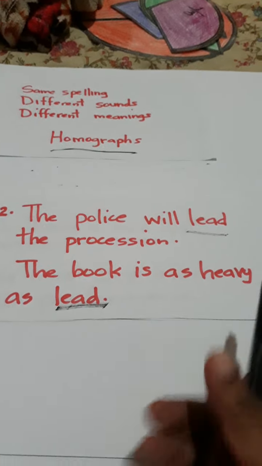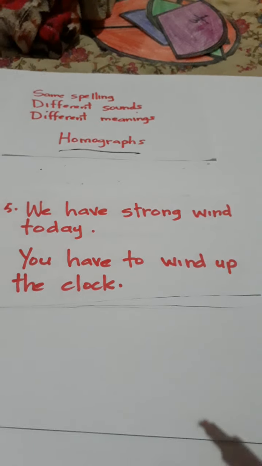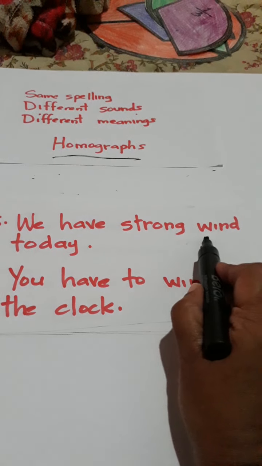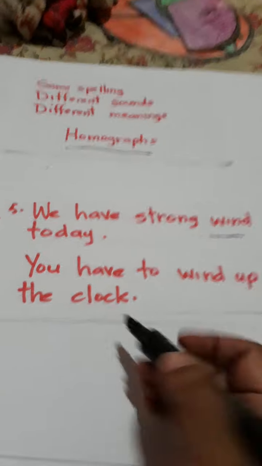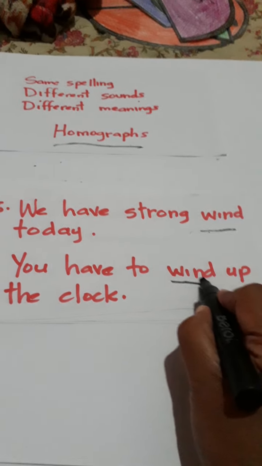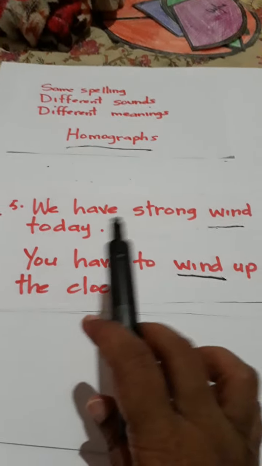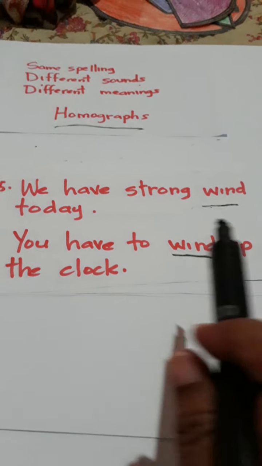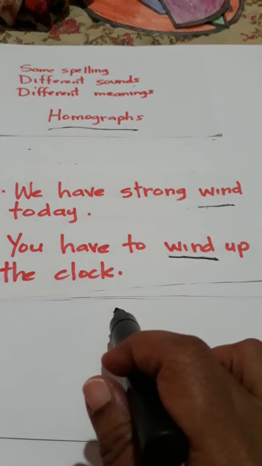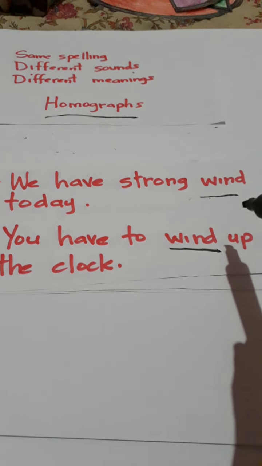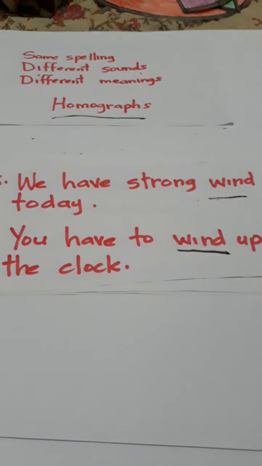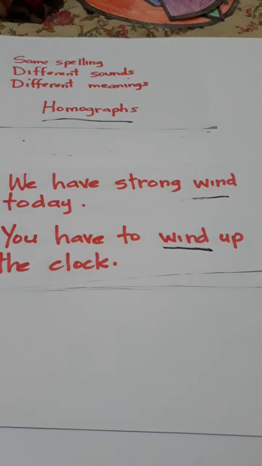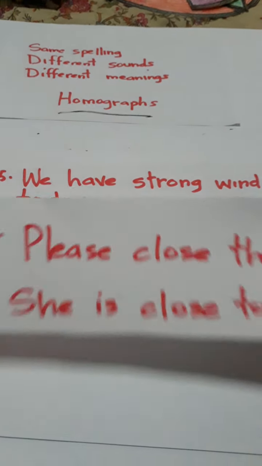Lead and lead. Let's see the words which are homographs. We have strong wind today. You have to wind up the clock. So we have wind, meaning the breeze, and wind, meaning to turn.